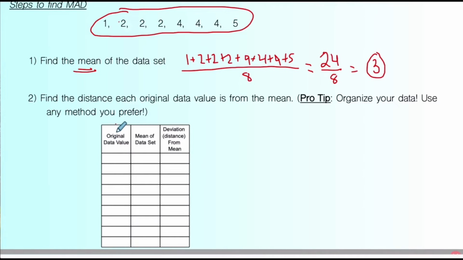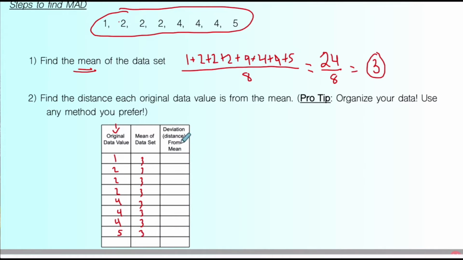So that's what I'm going to do right now. The first column I use in the table is the original data value. So originally I had a 1, a 2, a 2, a 2, a 4, a 4, a 4, and a 5. Secondly, I'm going to be comparing each of these to the mean. Well, the average that we just calculated was a 3, and it's a 3 for everything. The mean of the data set is 3.